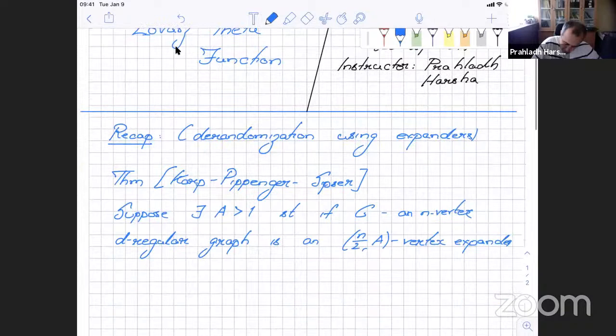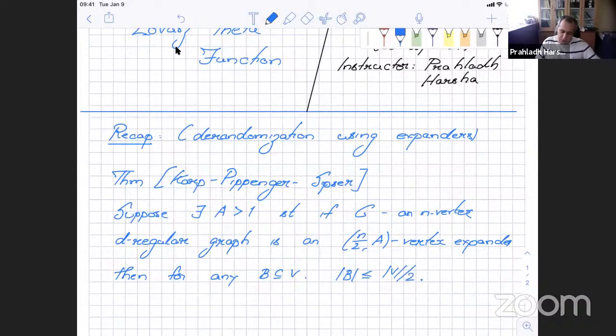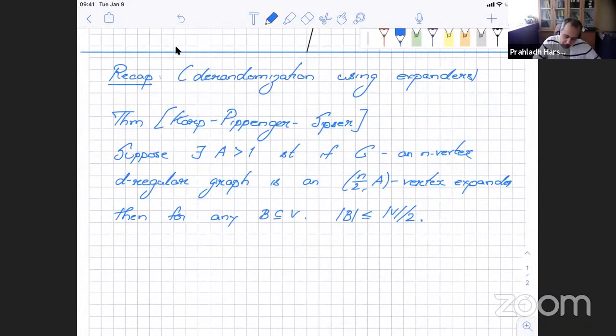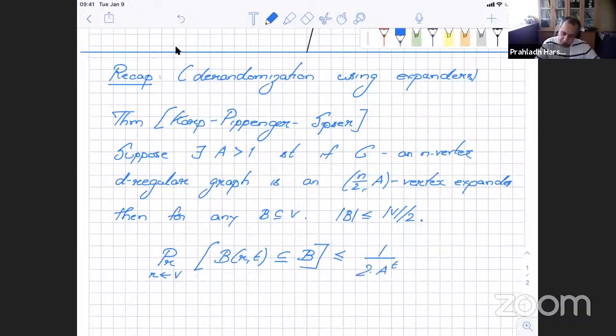Then for any B subset of vertices, so that size of B is less than half, if you pick a random r from the vertex set, and look at the ball of radius t centered around r, what is the probability that this ball is in the set B? We showed that this is at most (1 by 2) to the power a to the power t. This was the theorem which we proved.